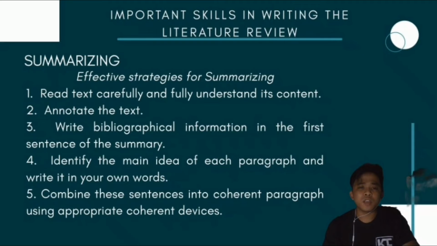Then fourth is identify the main idea of each paragraph. Write it in your own words. After reading the different paragraphs, you can gain new ideas, so you can write it in your own words.